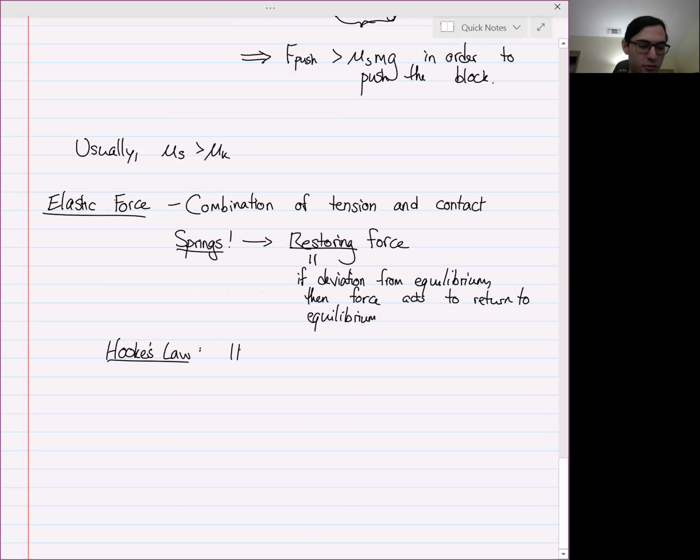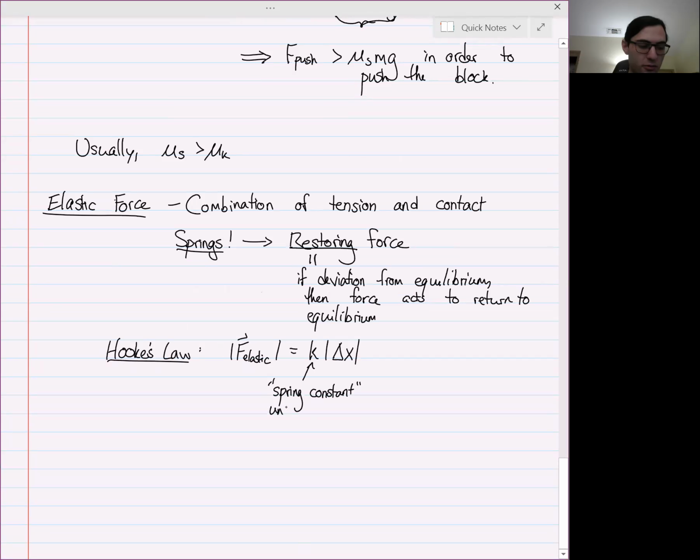And it states that the magnitude of the elastic force is equal to k times the magnitude of delta x. Now this k here, this is the spring constant. So restoring forces apply to springs, as I said.